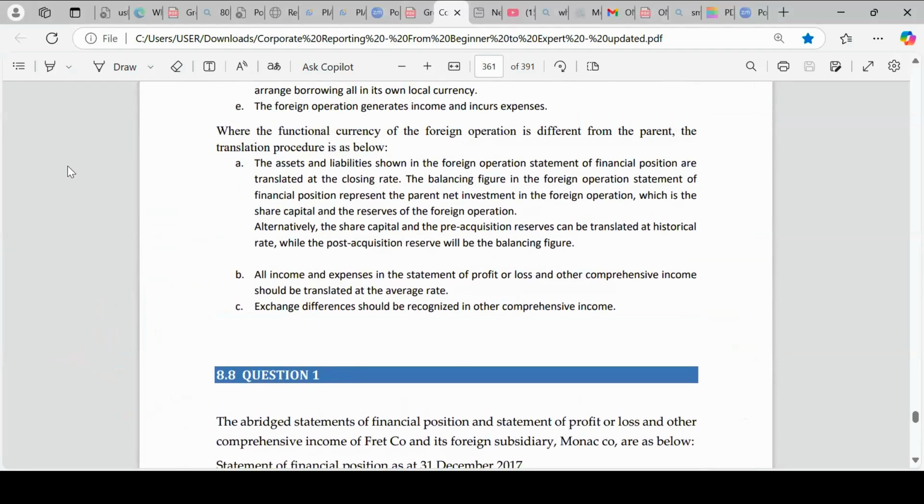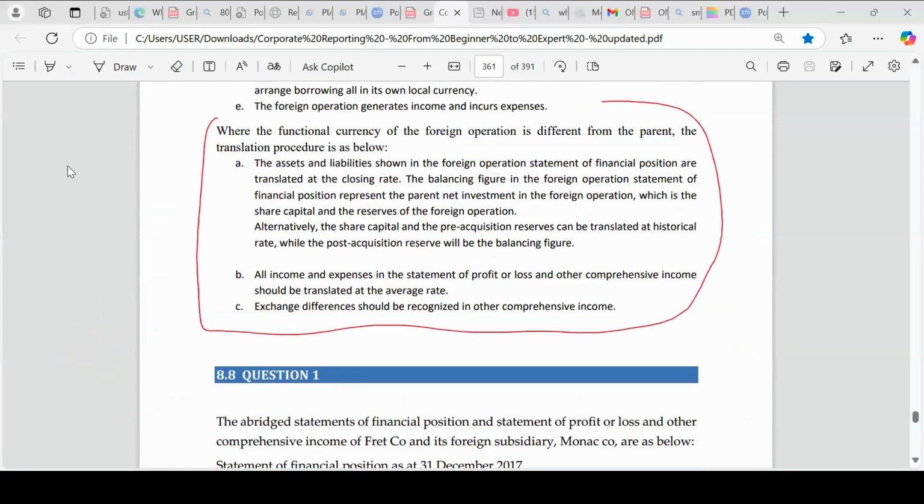Okay, all I've just mentioned there is what you find around this place. Assets and liabilities are translated at closing rates. The balancing figure in the foreign operation statement of financial position represents the parent's net investment in the foreign operation, which is the share capital and reserves of the foreign operation.